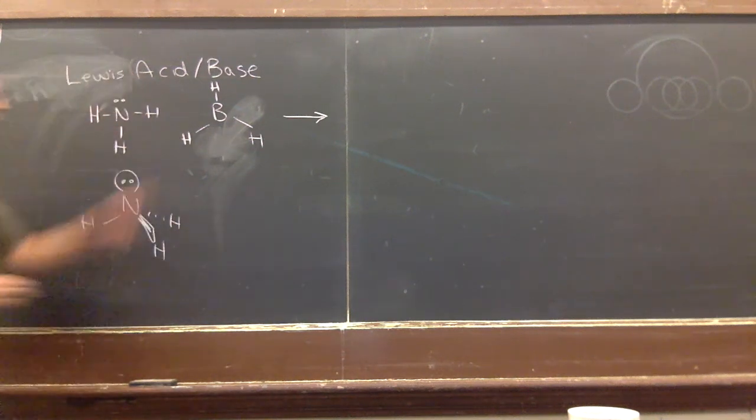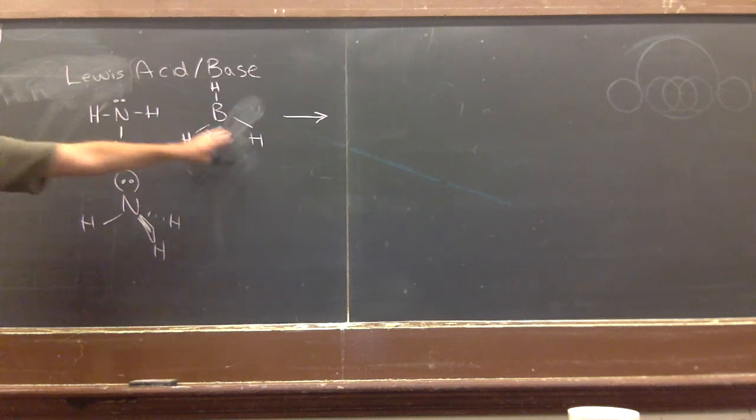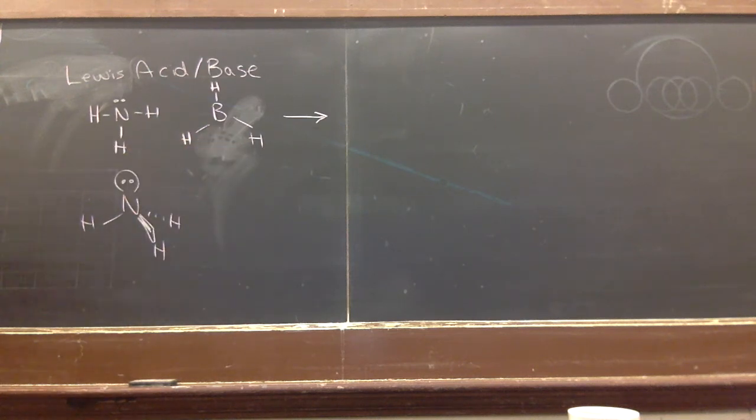Now, what about borane, BH3? First of all, what's the hybridization of that? So sp2. Why is borane sp2? It's only got three things bonded to it, just like ammonia, or does it? You could think about ammonia as having a quote-unquote fourth bond.